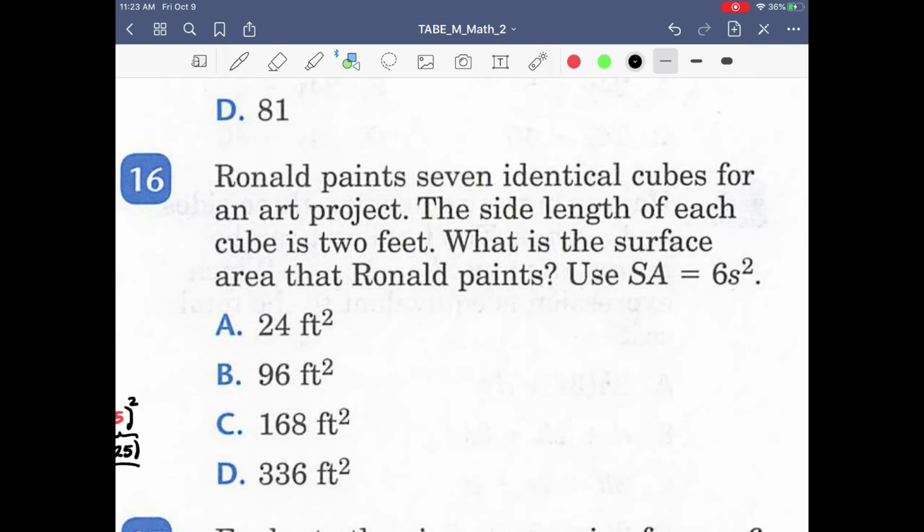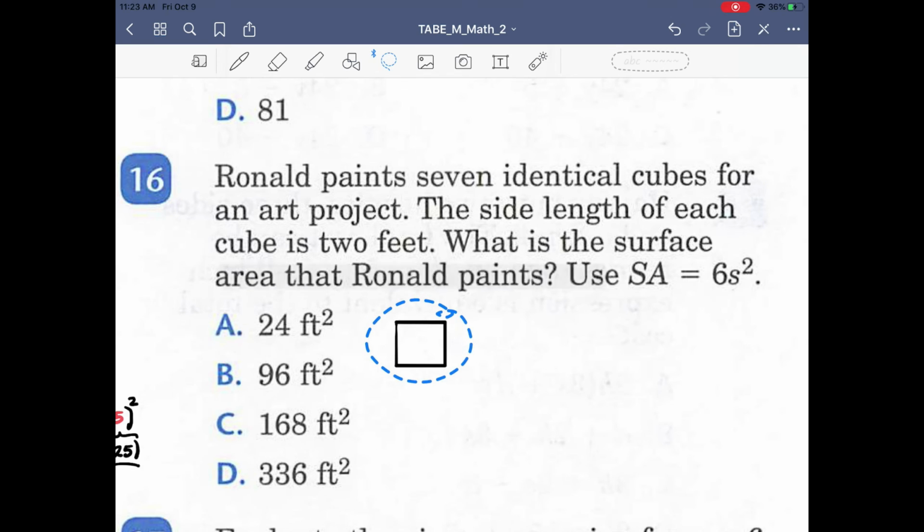So first of all, let me draw you a picture of what Ronald is painting. Let me try, that is. If I can get a square, there we go. Pretend that's perfectly square. And I need another one because I am building a 3-dimensional shape. And then you connect those vertices, the corners.